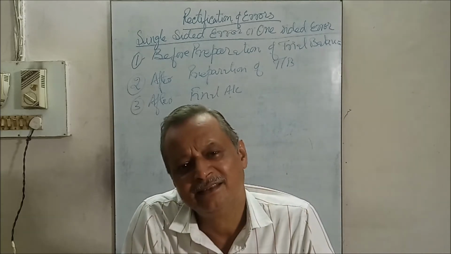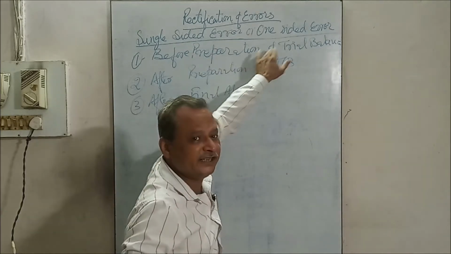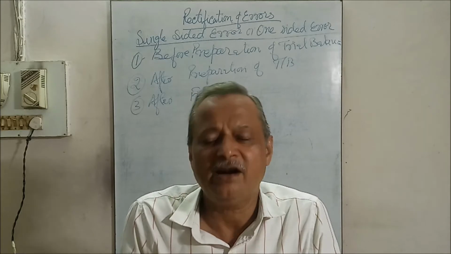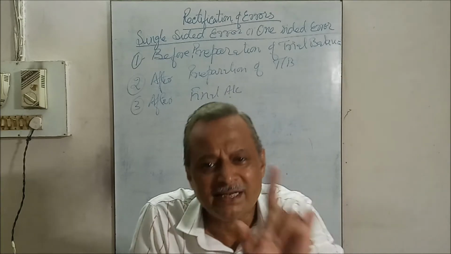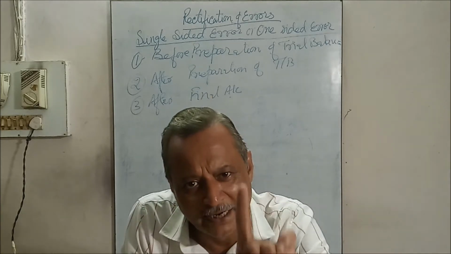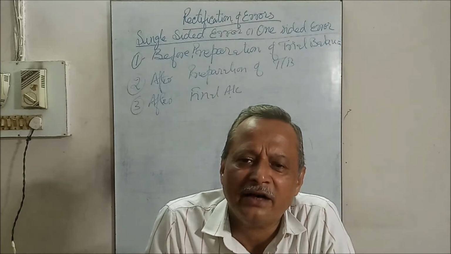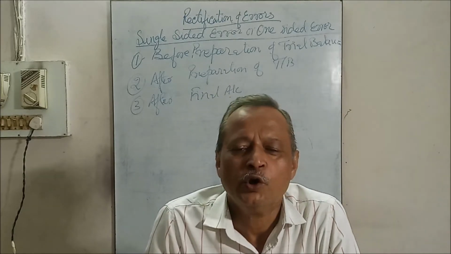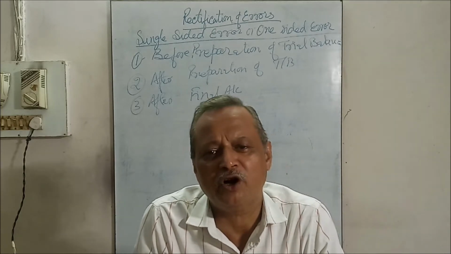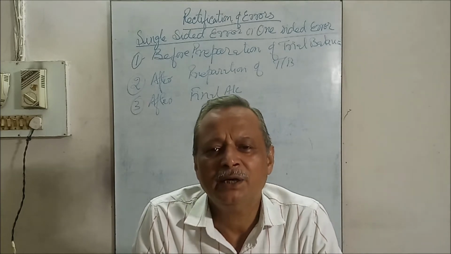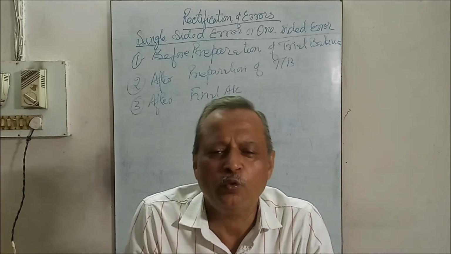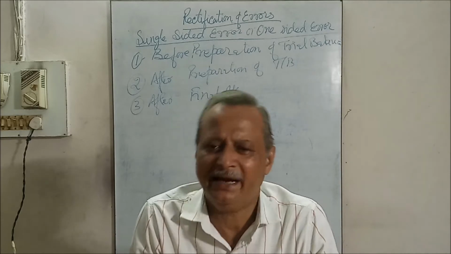In that case, if the trial balance is not yet prepared and a single-sided error has been detected, then you have to correct only one side, either the debit side or the credit side of that account. A journal entry cannot be passed in that case, because a journal entry is passed by taking the effect of debit and credit both. So only one side will be corrected by writing one statement. I will explain it later.